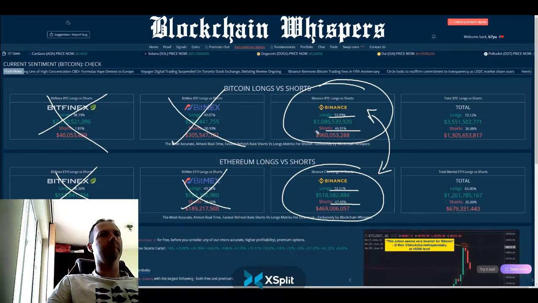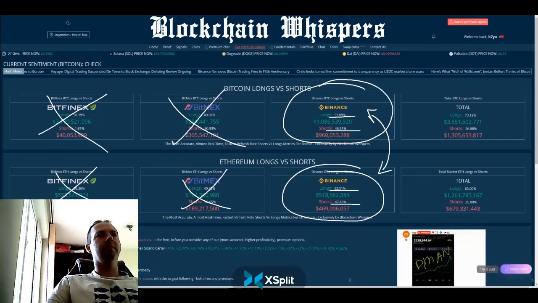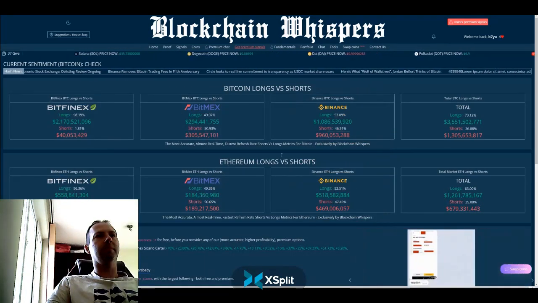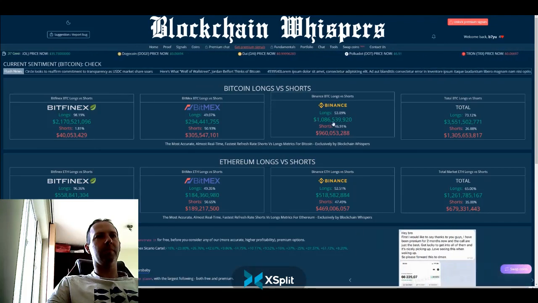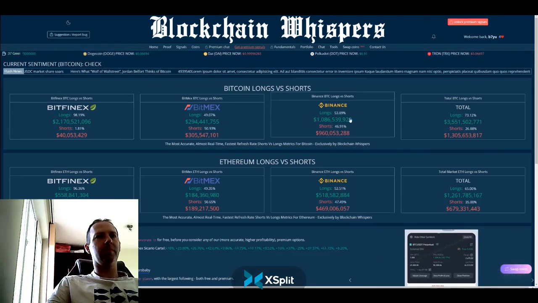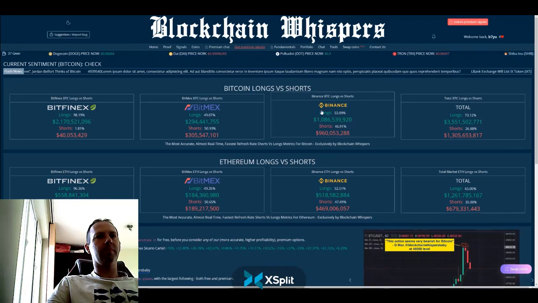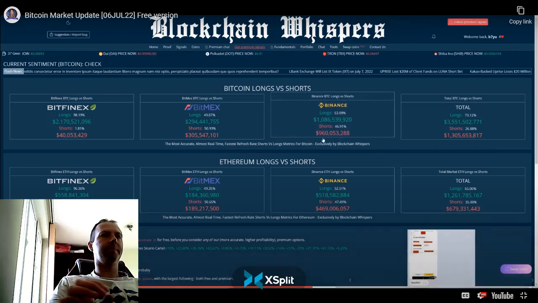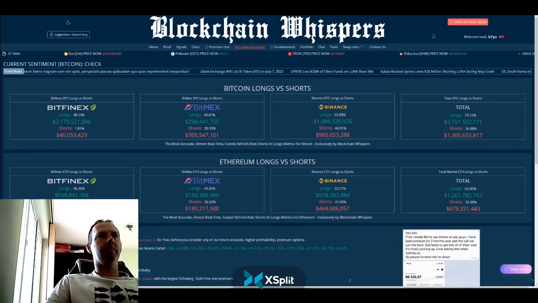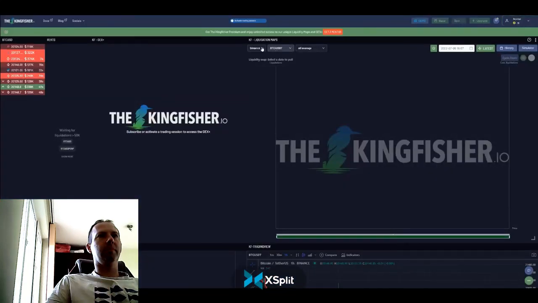Indicating some are expecting to go up, some are expecting to go down. However, we don't know how many of them just started their longs at 19, for example. It's just a balance, but it doesn't look that bad. If we check right now Binance, let us see.